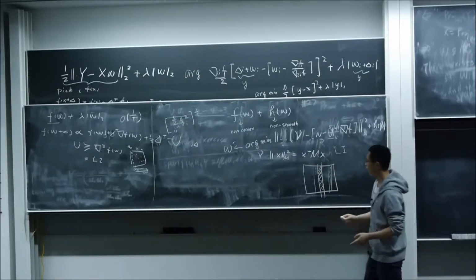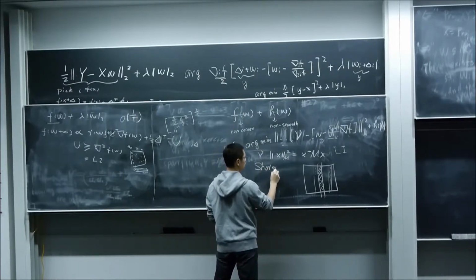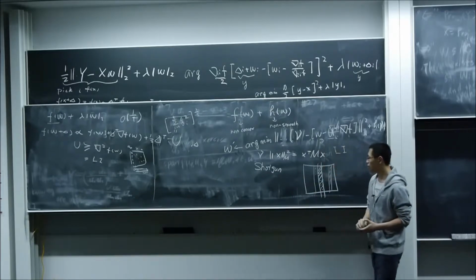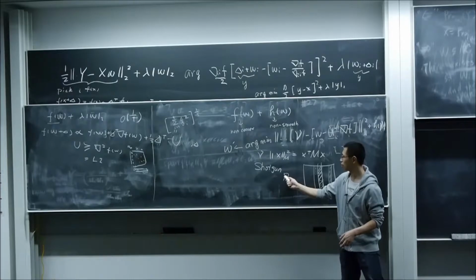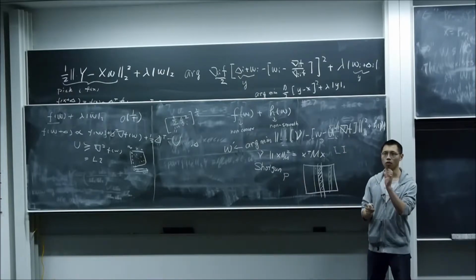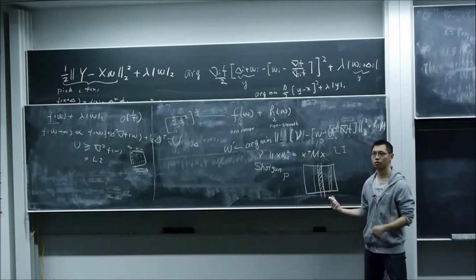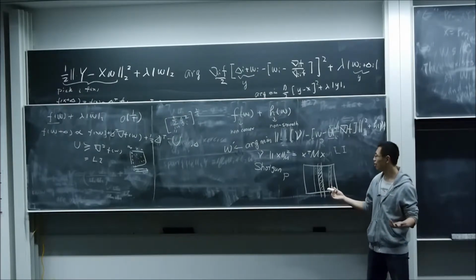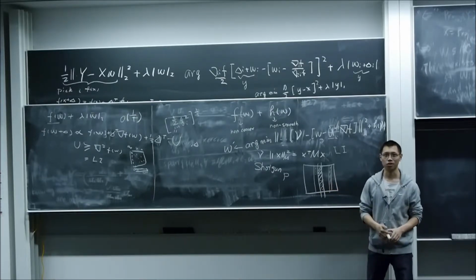The first algorithm is called Shotgun. It's a very simple idea: if you have P threads, each time they work on one coordinate each, and when they finish, they move to the next one. So you simply have multiple threads working on multiple coordinates.